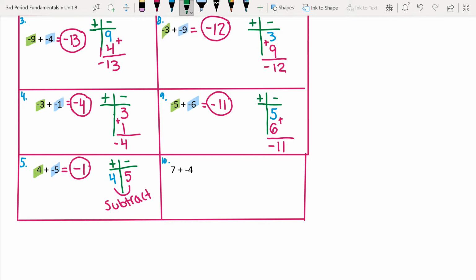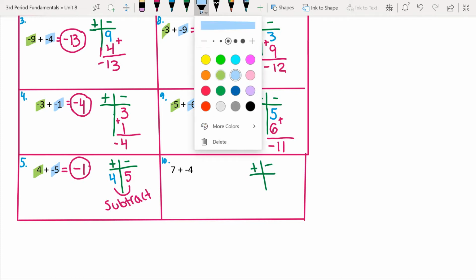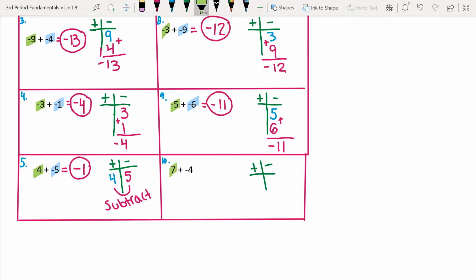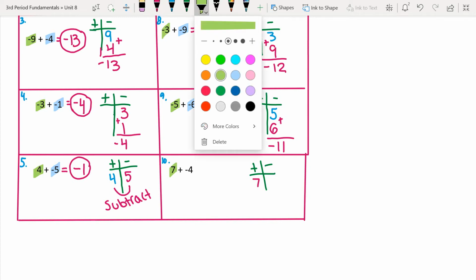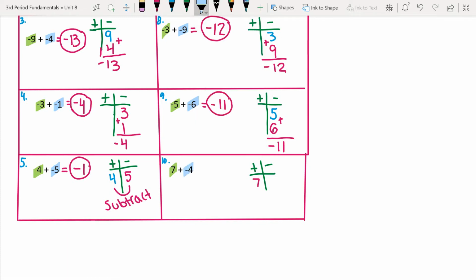The last one, question 10. 7 plus -4. Still a little table problem, so I have a positive and negative side. First number is a 7. That's a normal positive 7, so on the positive side, I write 7. Second number, -4.